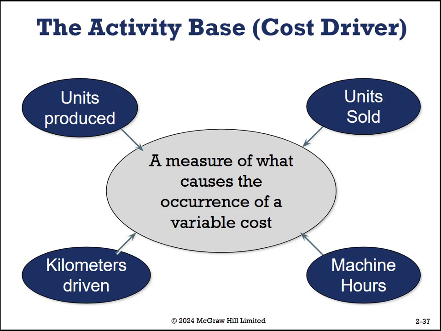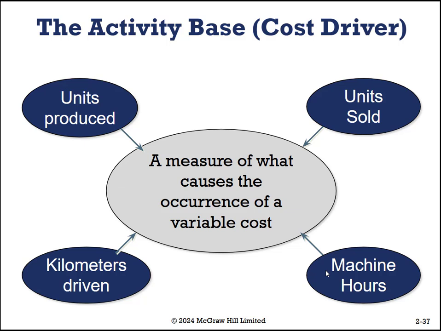That brings us into the area of an activity base or cost driver. A cost driver is a measure of what causes the occurrence of a variable cost. So it might be units produced, units sold, kilometers driven, or machine hours. For example, I sometimes use the Communauto, depending on which of the rates it's being used.